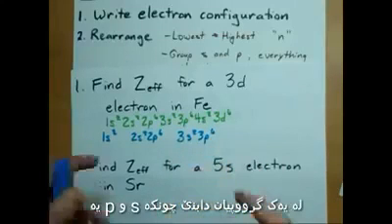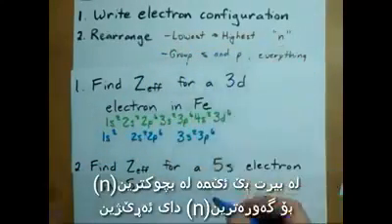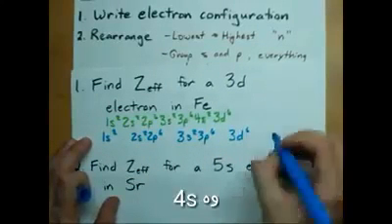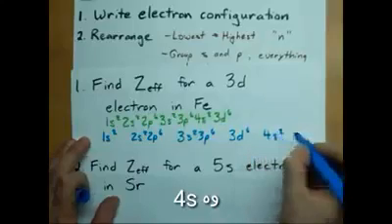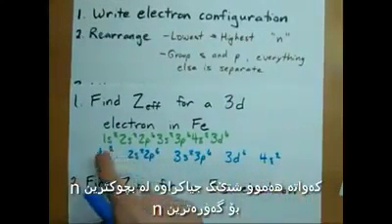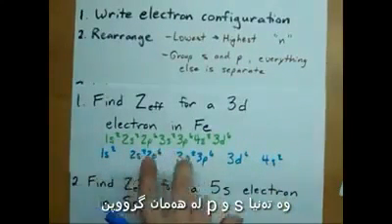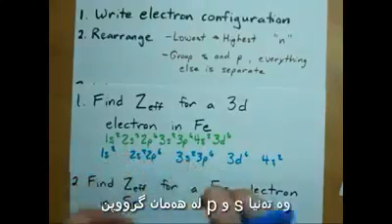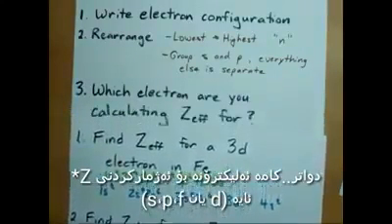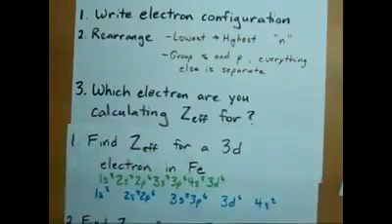Keep those grouped together because it's s and p. Remember, we're going from lowest to highest n. So, 3d6 comes next, and 4s2. Okay, so everything's separate, goes from lowest to highest n, and only the s's and p's with the same n's are grouped.